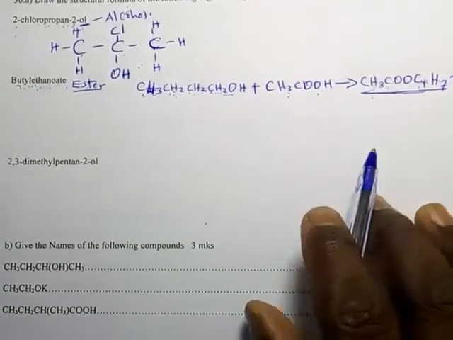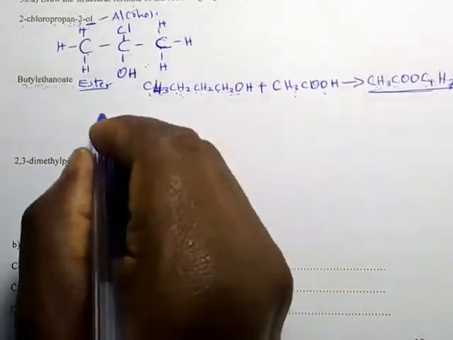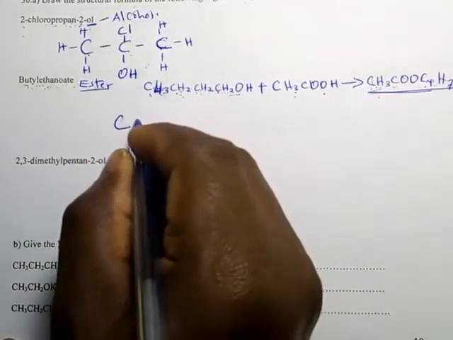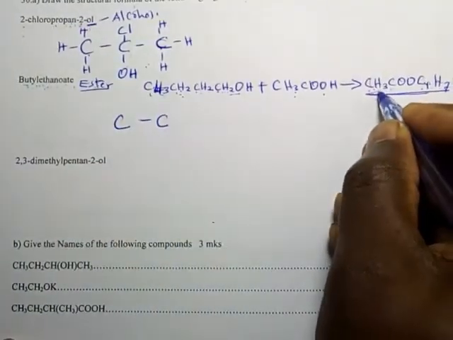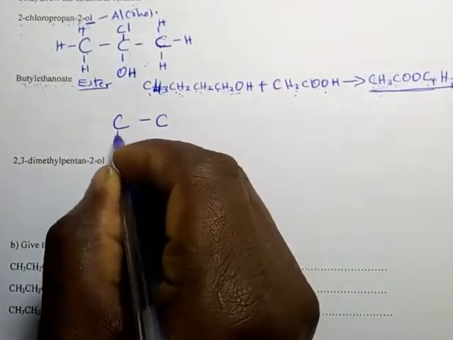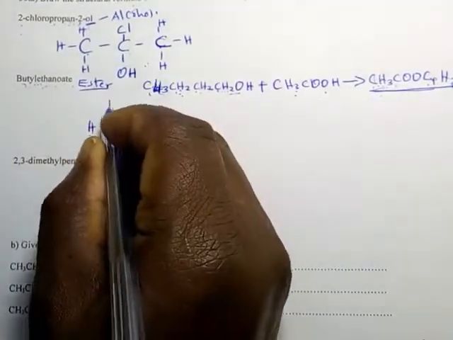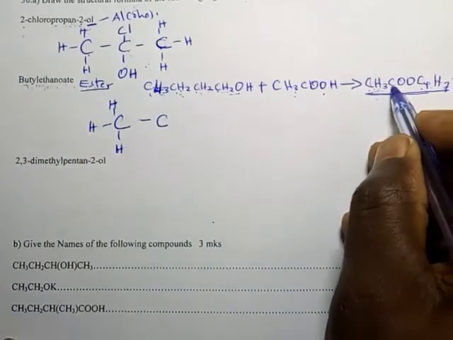So how do we draw this? You start with this carbon, and we have another carbon here. You can see we have how many hydrogens? 3. So put 1, 2, 3. This carbon has oxygen.